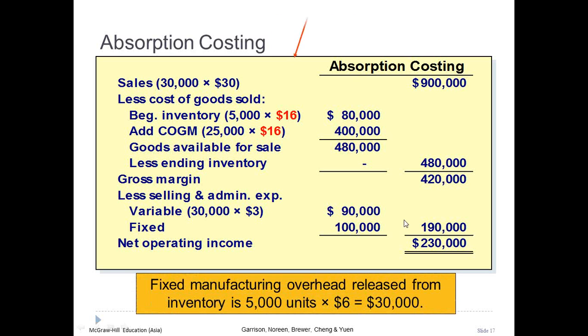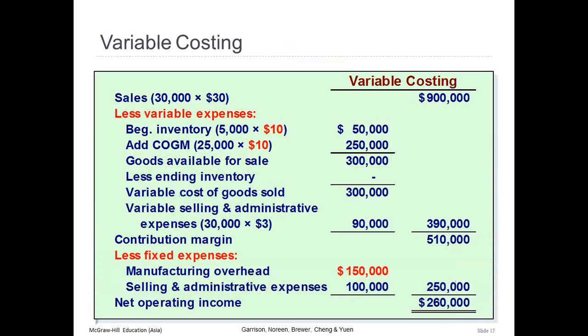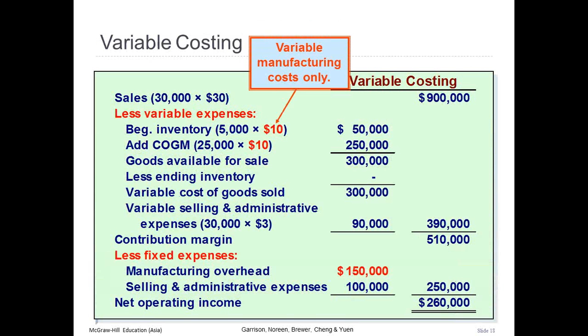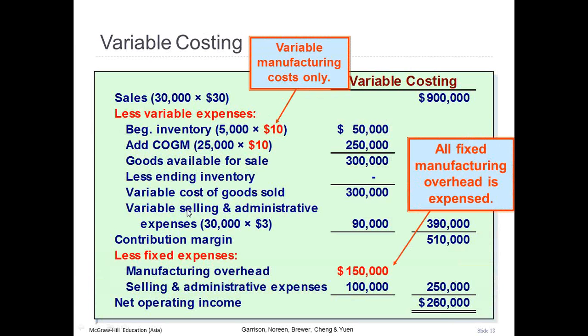Again, 5,000 units is in inventory, brought forward, beginning inventory. Under variable costing, we use the variable expenses here, fixed here, and all fixed manufacturing overhead is expensed in the period. It's a period expense.